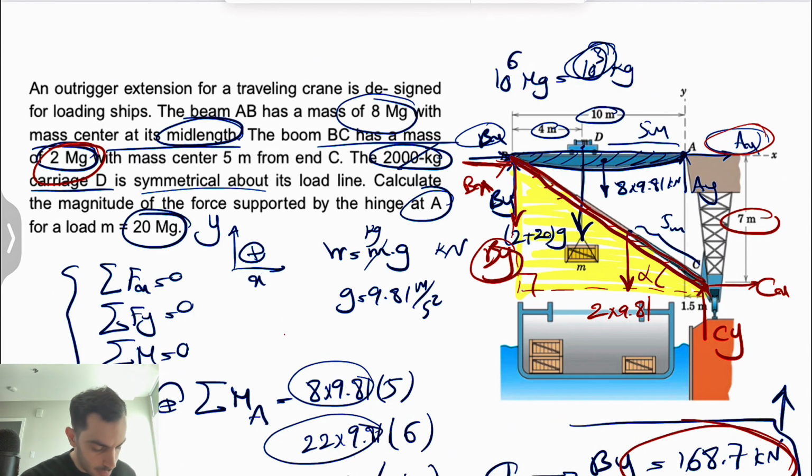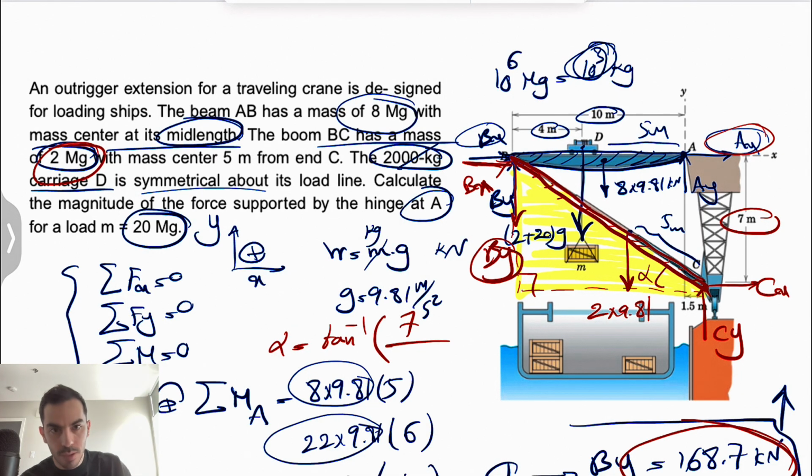Alpha would be tangent inverse of the opposite, which is 7, divided by the adjacent. The adjacent would be 10 plus this little distance, 1.5, so it would actually be 11.5.